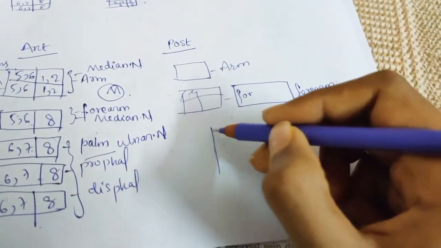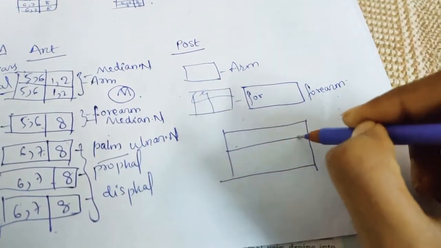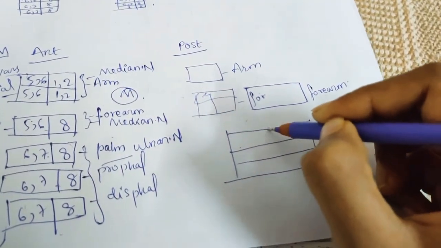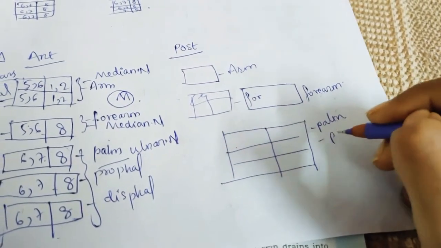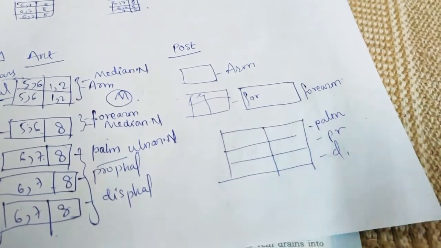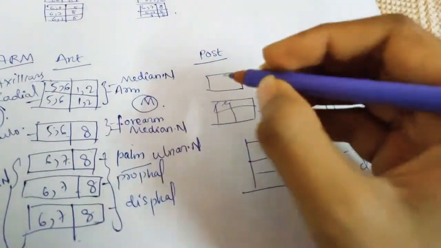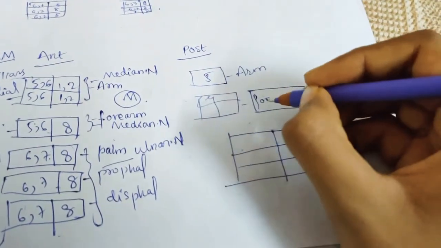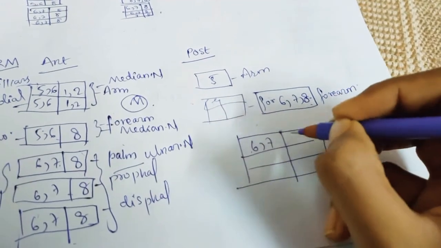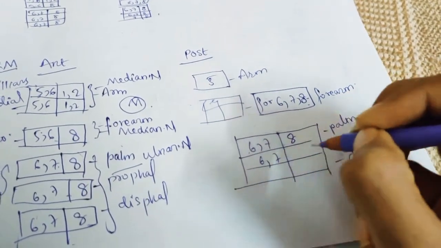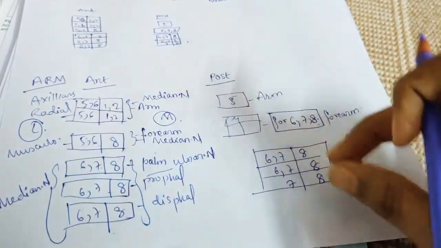Next draw for the palm, proximal phalange, distal phalange. Now don't divide this, so we'll come from 5, 6, 7, 8, 6, 7, 8, 6, 7, 8, but at last only 7, 8. So you just need to remember this number order.